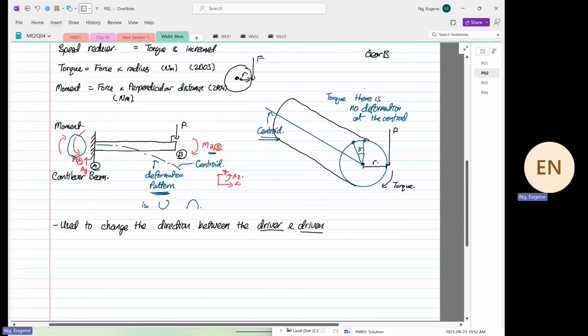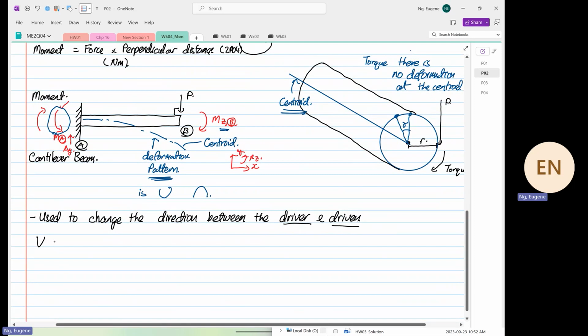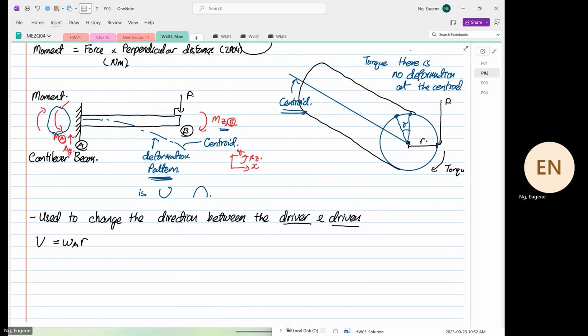Velocity is equal to omega A R A, and it's also equal to omega B R B. Another formula for gears that is always true: the angular displacement of A times R A is equal to the angular displacement of B times R B. This is in radians. Always remember that.